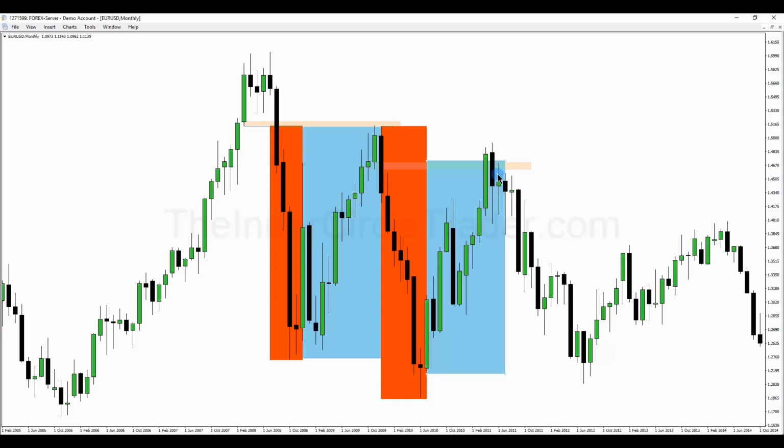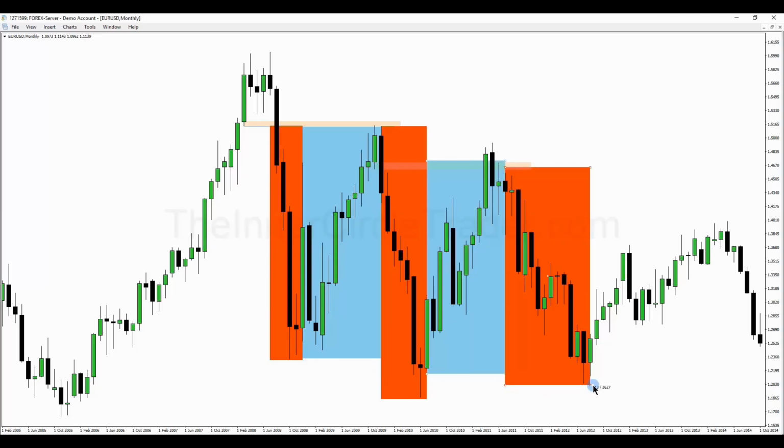Now, I can keep doing this back and forth and show you example after example. But what I'm showing you is, from a monthly standpoint, you take the information I'm showing you here by example, and again, here's the bodies of the candle, not the wicks. It stabs through it to go below the bodies of the candle. It doesn't necessarily have to go through the wicks. We only need it to reach below the bodies of the candle.